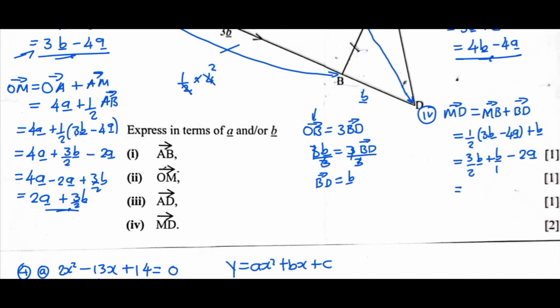The way I did it, B is the same as B over 1, so 2 times B will be 2B over 2. So 3B plus 2B will give us 5B over 2 minus 2A. So that's our answer here.